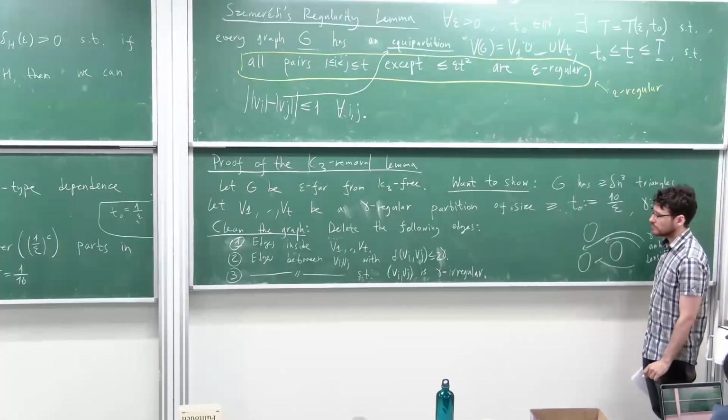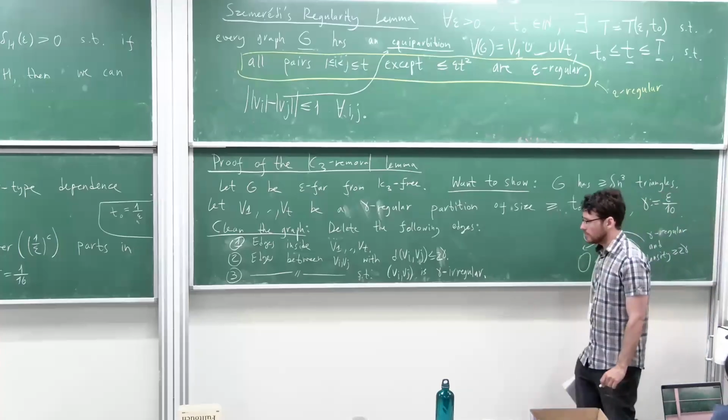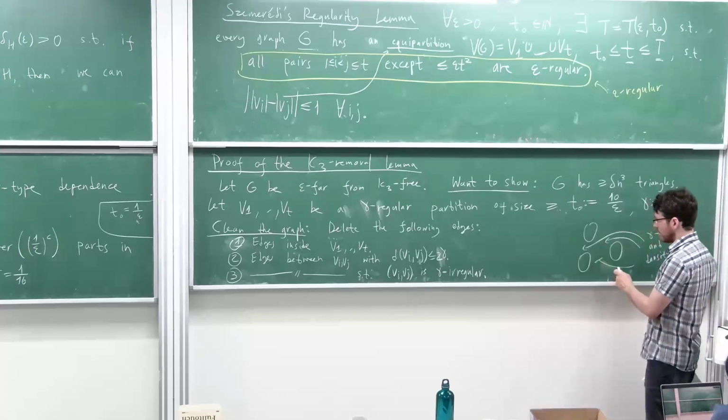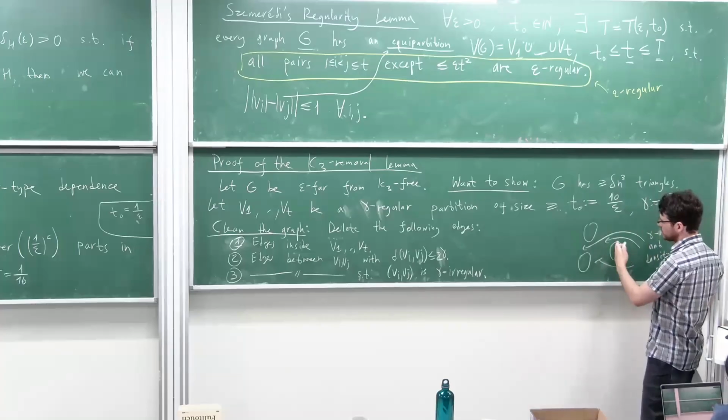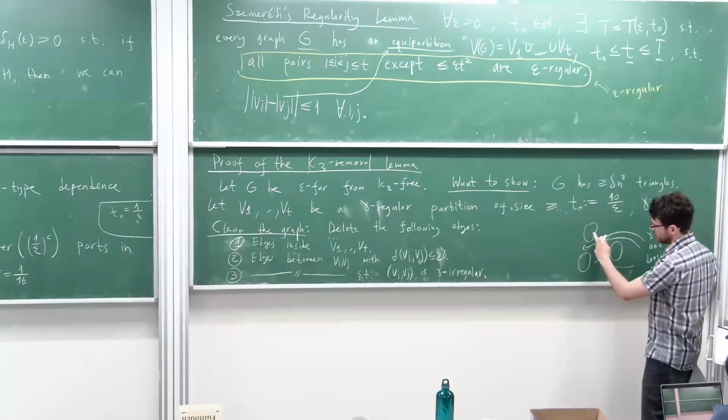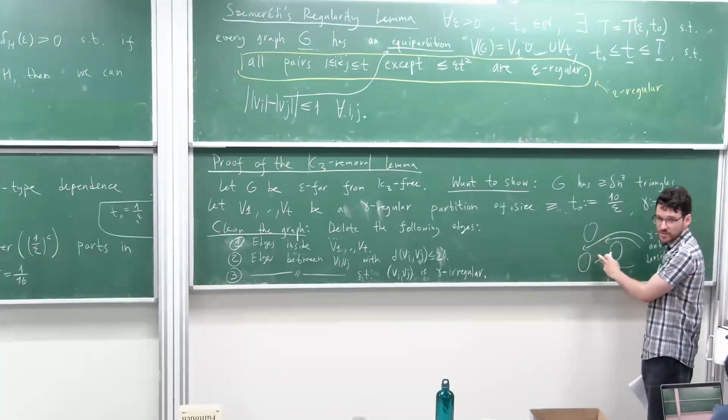I can only do something like this if these pairs are gamma regular and have sufficient density.